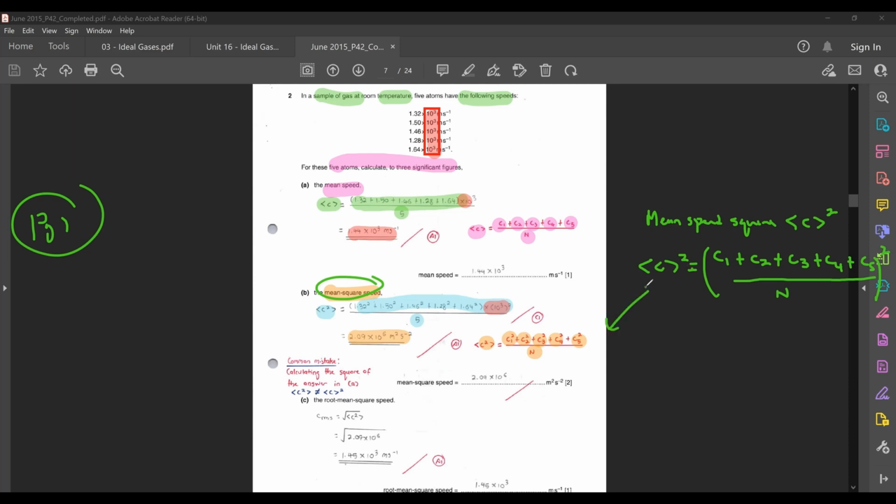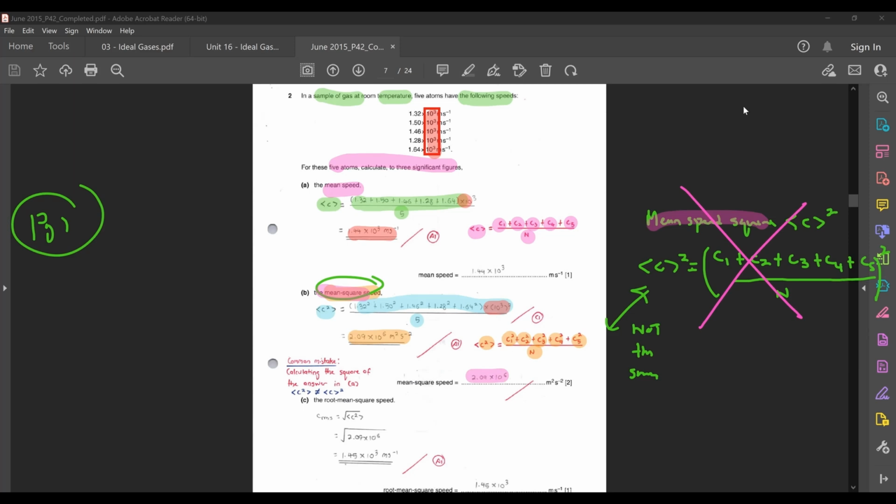So they are not the same. Okay, that's why we told you that mean square speed is not the same as mean speed square. They are different in the way that you calculate them. Okay, so this one, don't ever use something like this. So your mean square speed was 2.09 times 10 power 6. This one, I think you can get it very quickly.